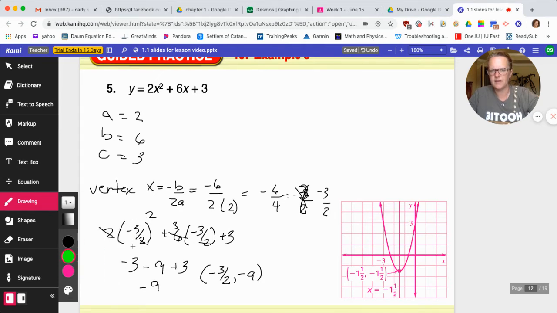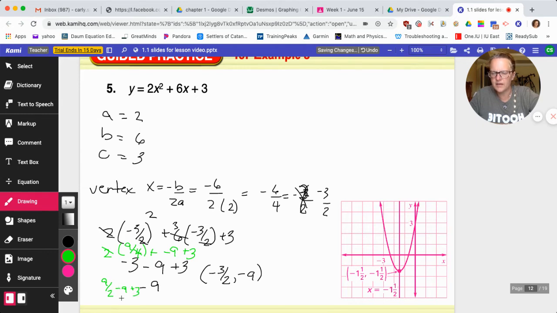So that would be 9 fourths times 2. Negative 9 plus 3. So 9 fourths times 2. This would be 9 halves minus 9 plus 3.